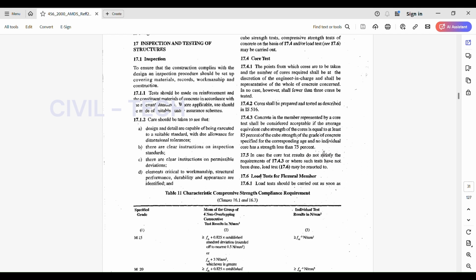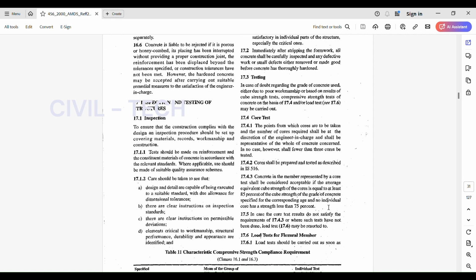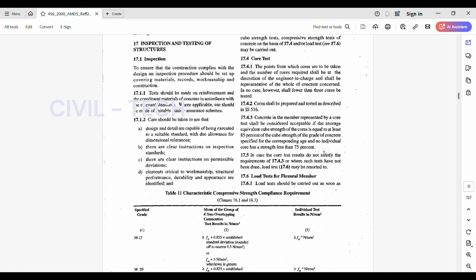So it means if we are taking 3 core samples and testing them, and the average of the 3 core results is less than 85% of the actual compressive strength, the member is unacceptable. And any one of the individual cores should not be less than 75% of the original compressive strength. So these are the 2 conditions to be checked. If the conditions are fulfilled, the structure is acceptable.